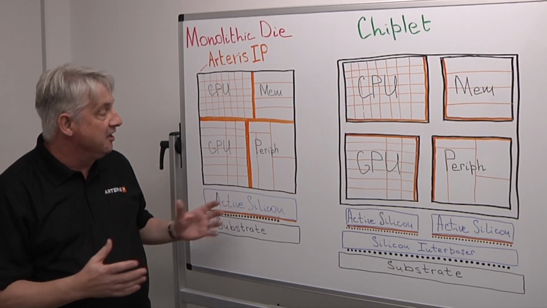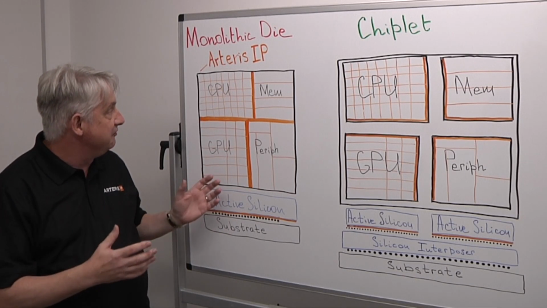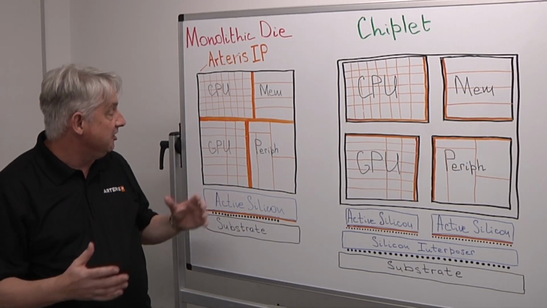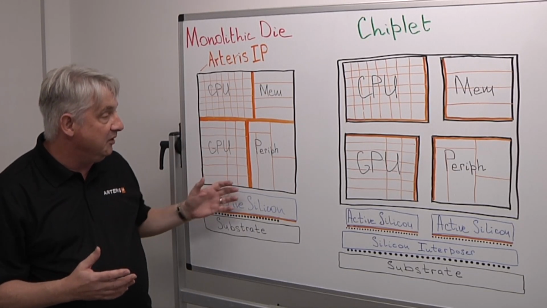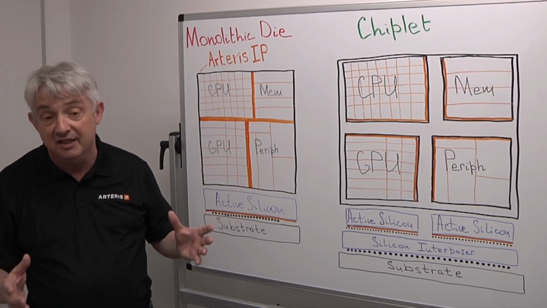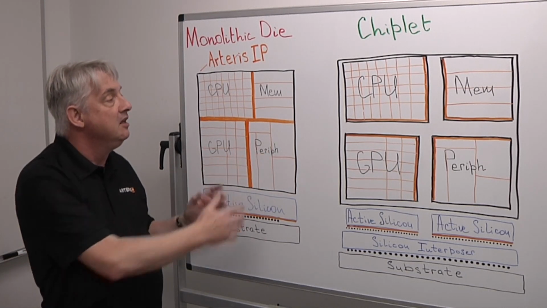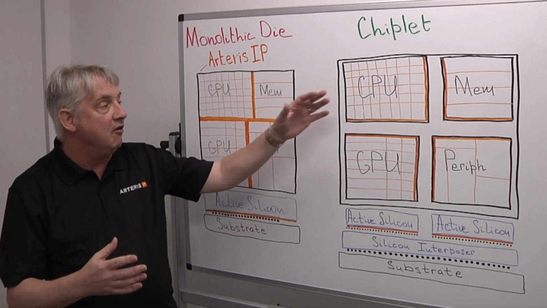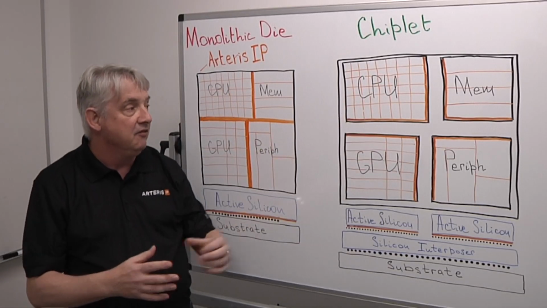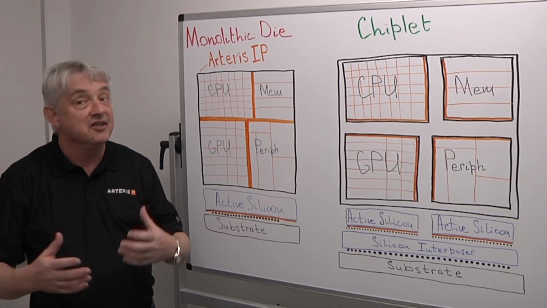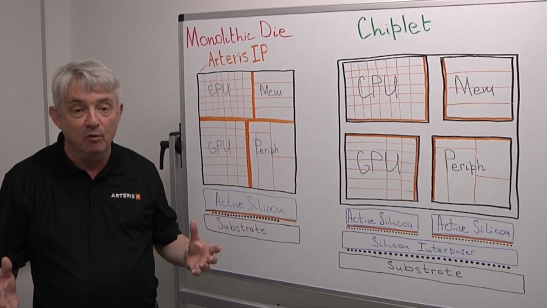So typically the non-coherent is used to interface just data from one place to another. So GPUs, for example, and accelerators, they will use non-coherent interfaces to just pump data from A to B, from one chiplet to another. But when you get to CPUs, you want to scale the number of CPUs over chiplets. If you want full cache coherency, as I said earlier, it just gets way more complicated.